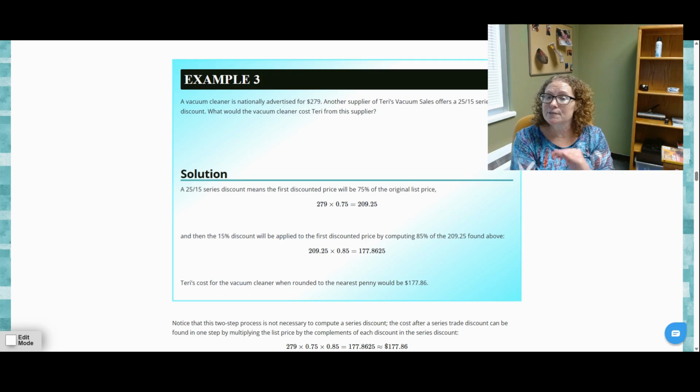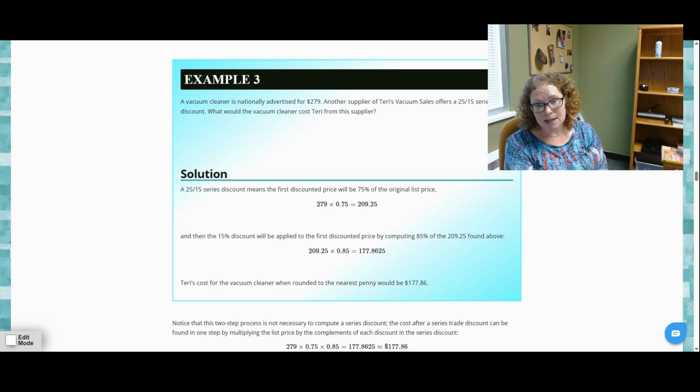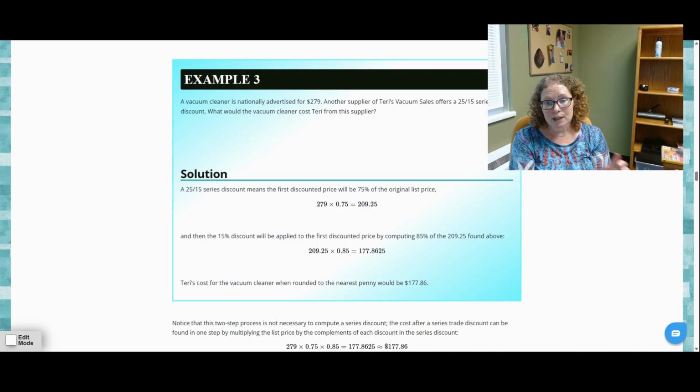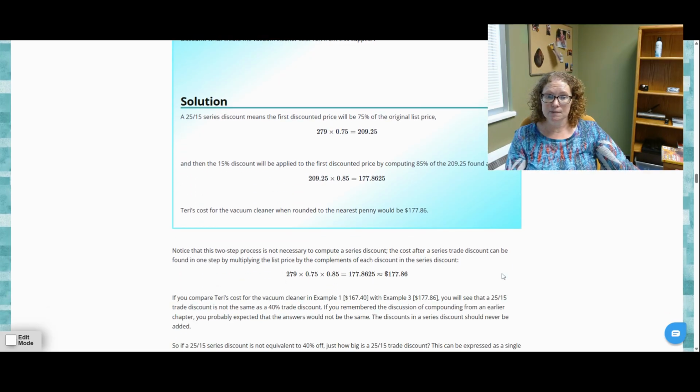We've got to find the first discounted price first, and then we go to the second one. Again we're using the complement, and the complement of 15 is 85. When we do that calculation, we get that Terry's cost for the vacuum cleaner would be $177.86.